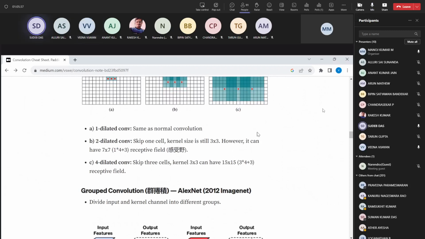So for one dilated convolution, it is the same as normal convolution. For two dilated convolution, skip one cell. The kernel size is still 3 by 3. However, it can have 7 by 7 receptive fields. If it is a 3 by 3 filter, they are taking this formula.